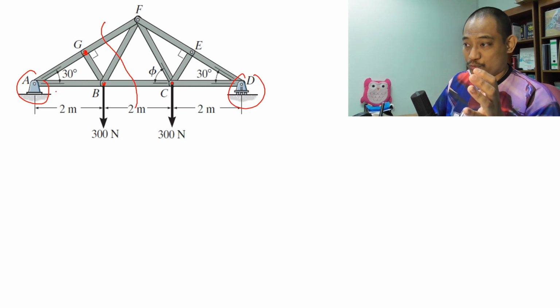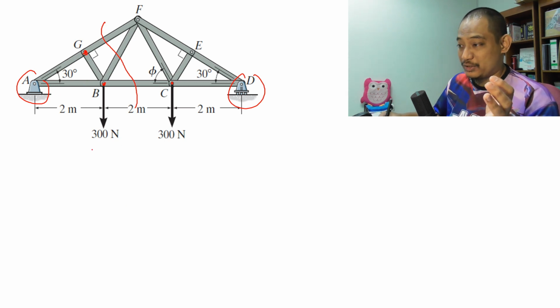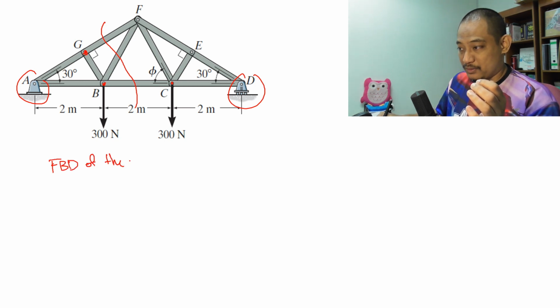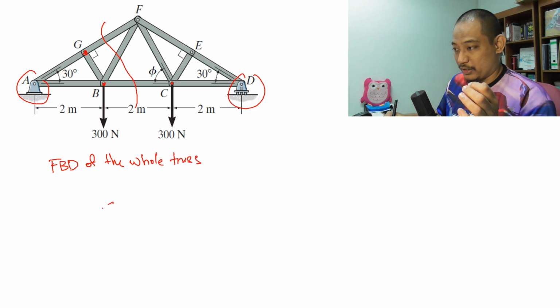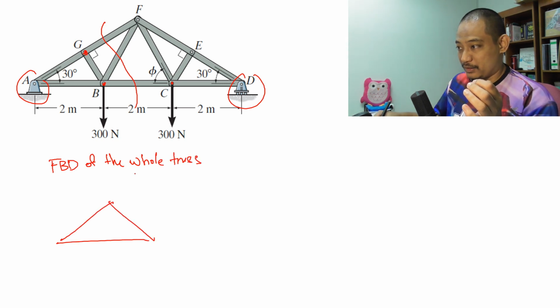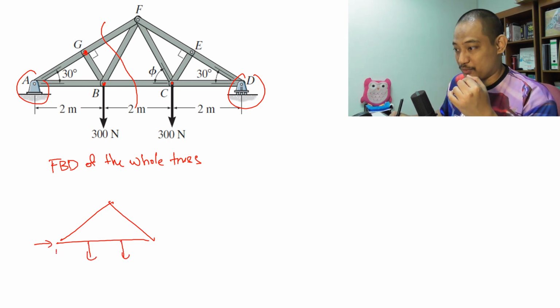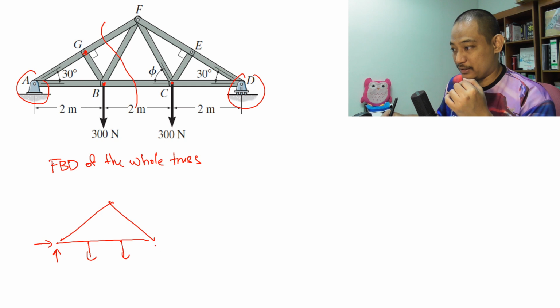To solve for the support reactions, normally you would require a free body diagram of the whole truss, right? So you have the whole thing, and in this case you have the force here and the force here, and then you have the unknown support reaction there, and then unknown here, right?